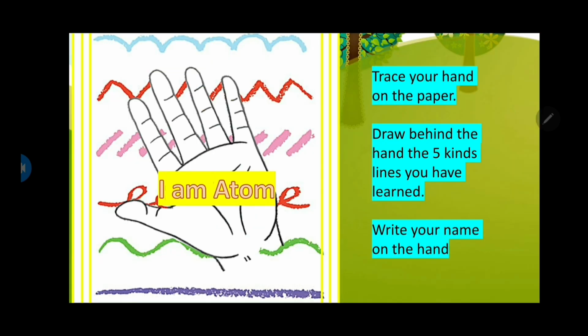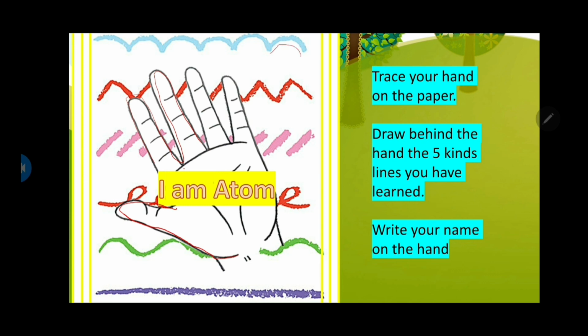Now, for the last part of this lesson, I want you to submit this activity. First, trace the hand on the paper, any paper, A4. Trace your hand, left or right, just one hand, and make sure to draw 5 kinds of line at the back of the hand.